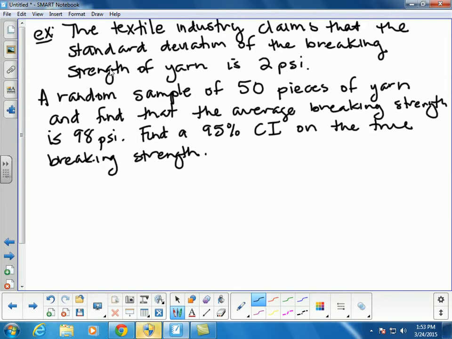Okay, so we have to set up our confidence interval, and we do that by first labeling everything we need to label. The first thing is we need to know what our sample size is. Our sample in this case is 50. We need to know what X bar is. X bar comes from that sample, and it's 98. And that first sentence tells me that sigma, the standard deviation from the population, is 2.